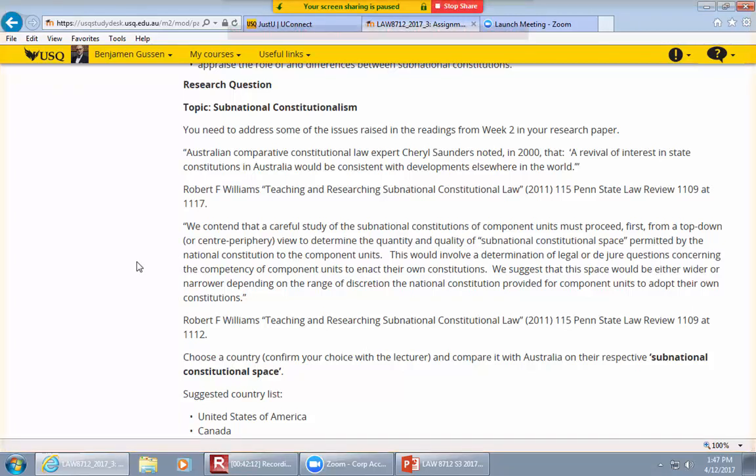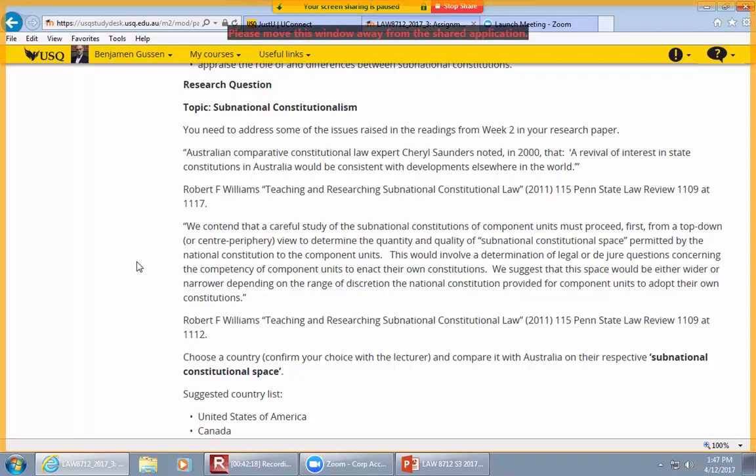And it's not subnational constitutionalism space, it's subnational constitutional space. That this space would be either wider or narrower, so there's elasticity there, depending on the range of discretion the national constitution provided for the component units to adopt their own constitutions.